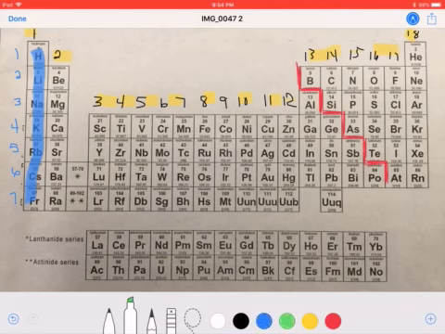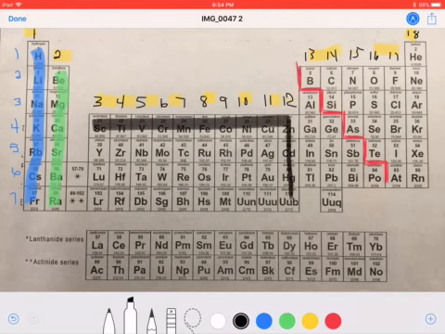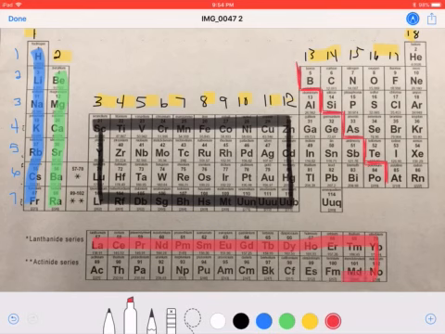Group number 2 consists of the alkaline earth metals. The big section in the middle of the periodic table, these are called the transition metals. And then down here on the very bottom of the periodic table, the little section that's kind of broken apart, that is made up of the rare earth metals, or the lanthanides and the actinides.